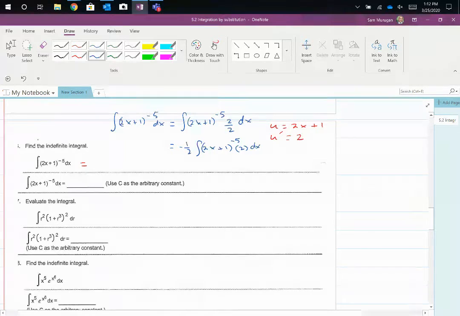And now we have exactly what we need, where this is u and this is u prime with a half outside.